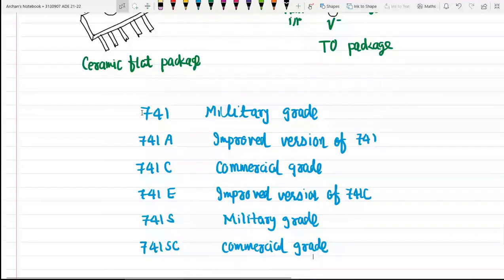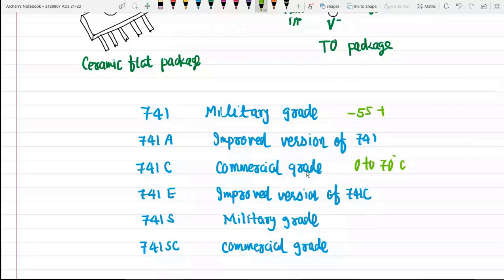In the improved version of IC 741, they have better electrical characteristics. If I talk about commercial grade, then the temperature range will be 0 to 70 degrees Celsius. And again in the improved version 741C we have better electrical characteristics.